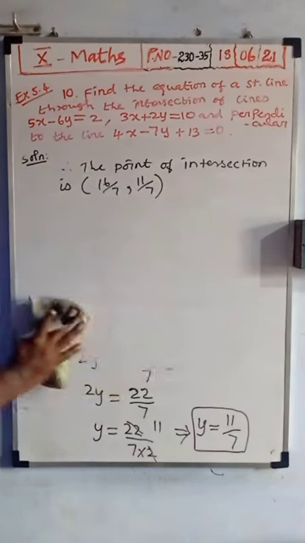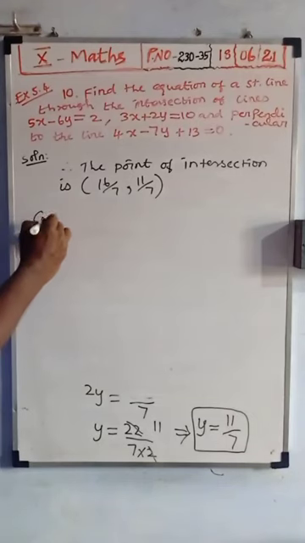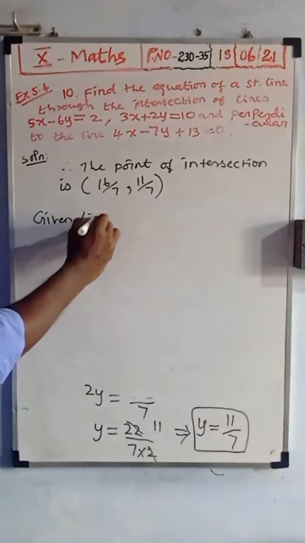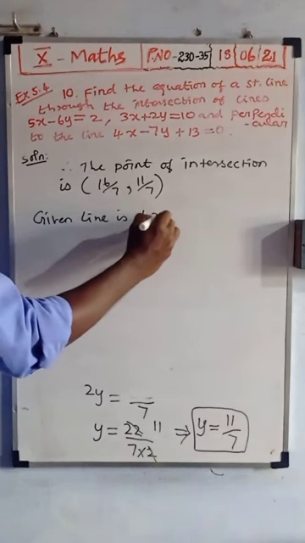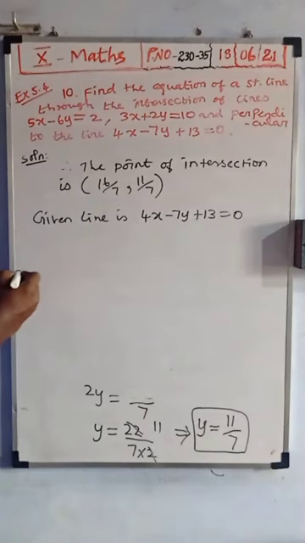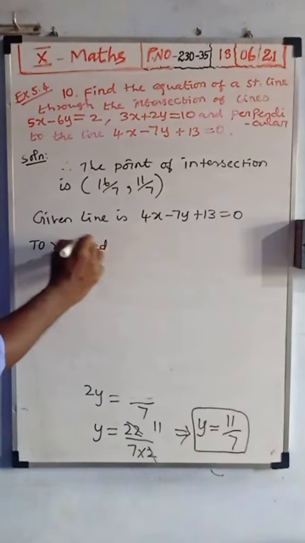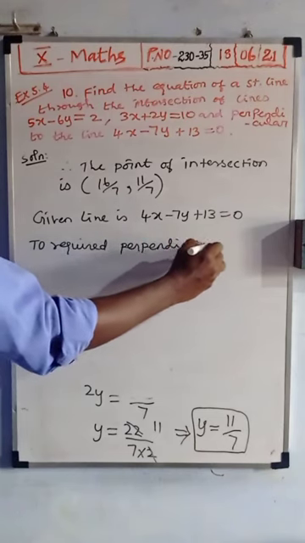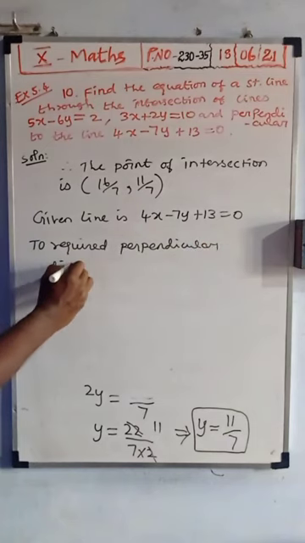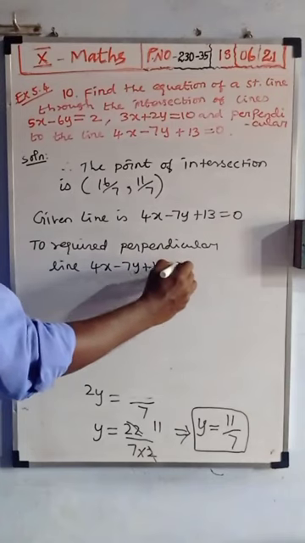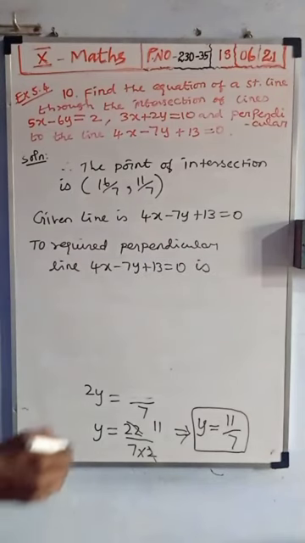Now the given line is 4x minus 7y plus 13 is equal to 0. In this, we want to find the perpendicular line.